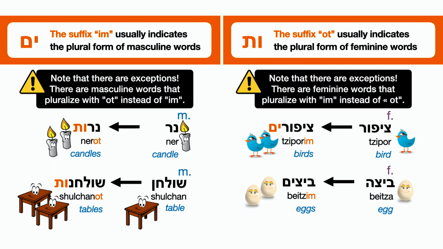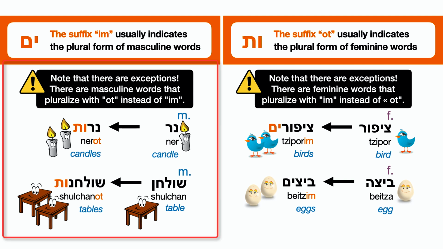While most of the time Hebrew masculine nouns become plural by adding im and Hebrew feminine nouns become plural by adding ot, there are exceptions to the rule. Let's look at the exceptions on the masculine side. Ner is a masculine noun, which means candle.